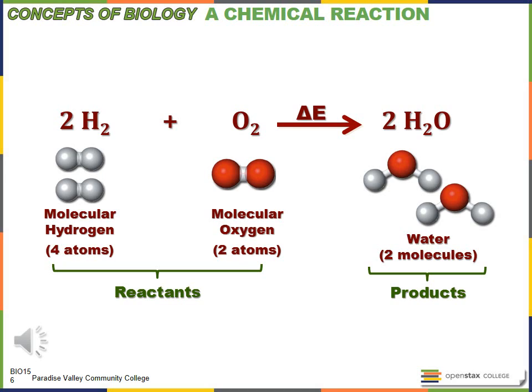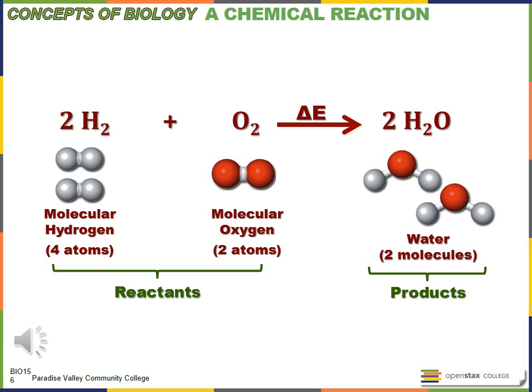So one oxygen molecule combines with two of the hydrogen molecules, and then that will happen again. One oxygen molecule combines with the other two remaining hydrogen molecules to form two water molecules.